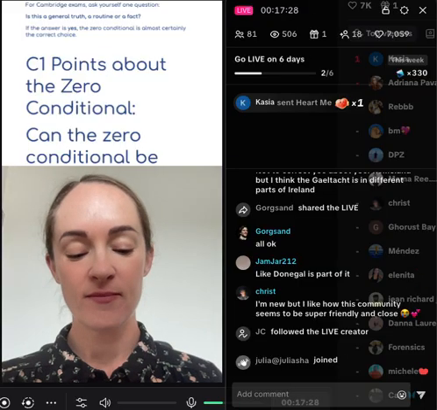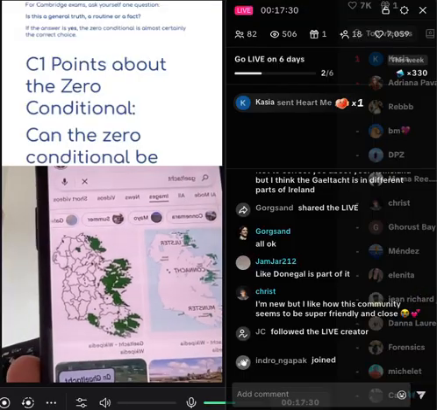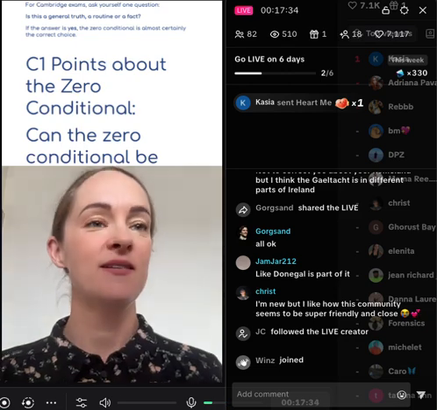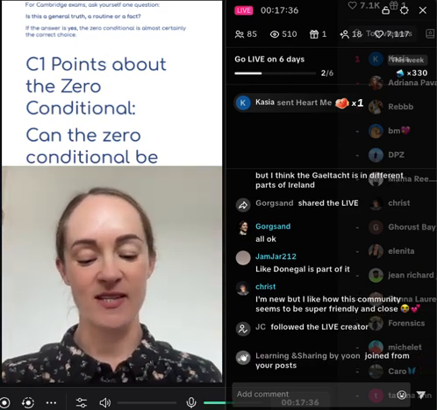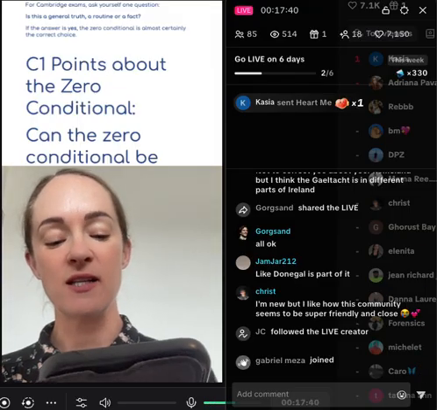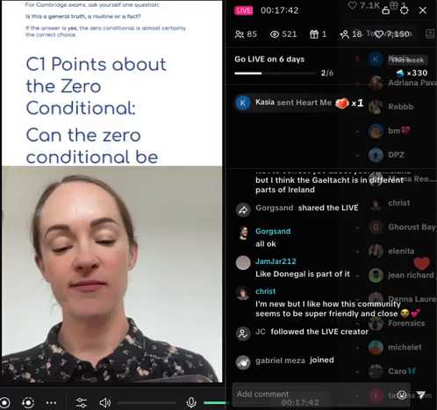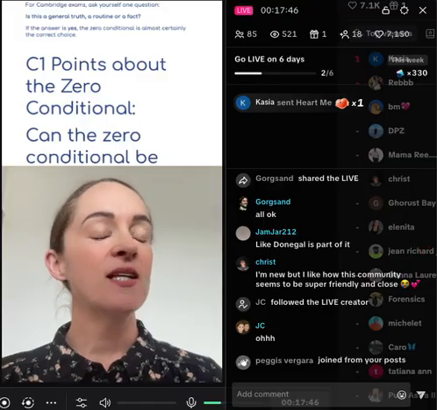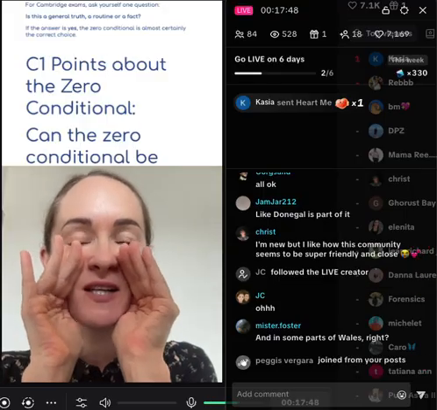This is the Gaeltacht. Can you see? The west of Ireland. Unfortunately, it's getting smaller and smaller. But generally the west of Ireland, the part that's furthest away from England.